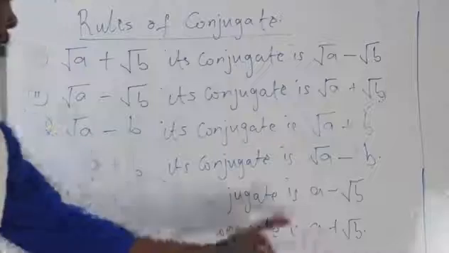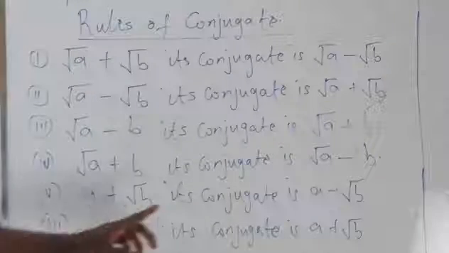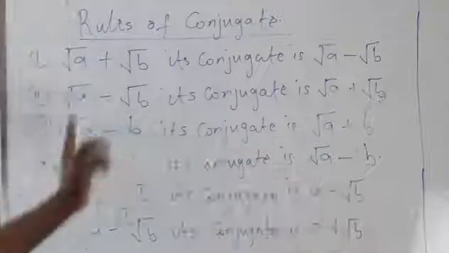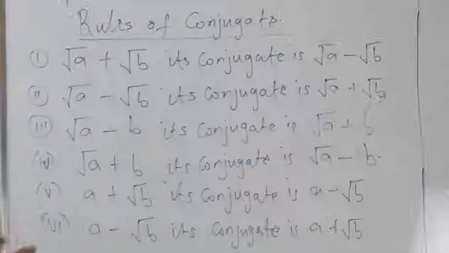You can have this, it will change to A minus root B, or we can have A minus root B, then its conjugate will be A plus root B, vice versa like that.